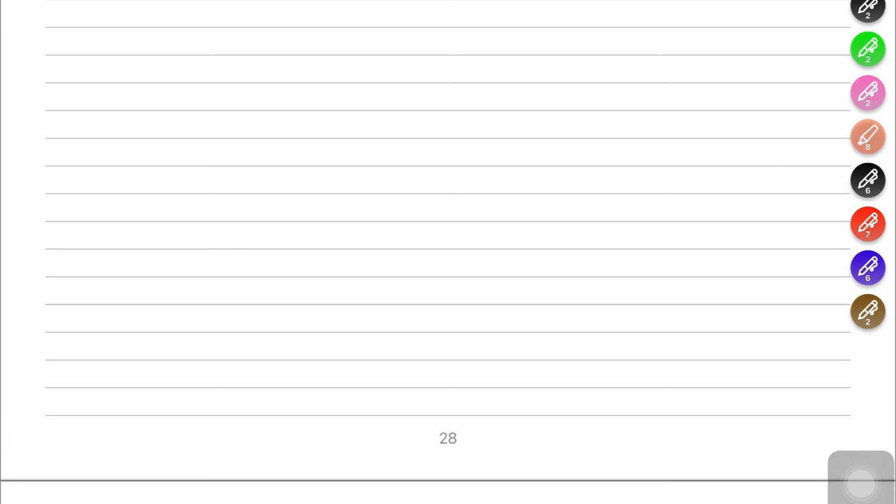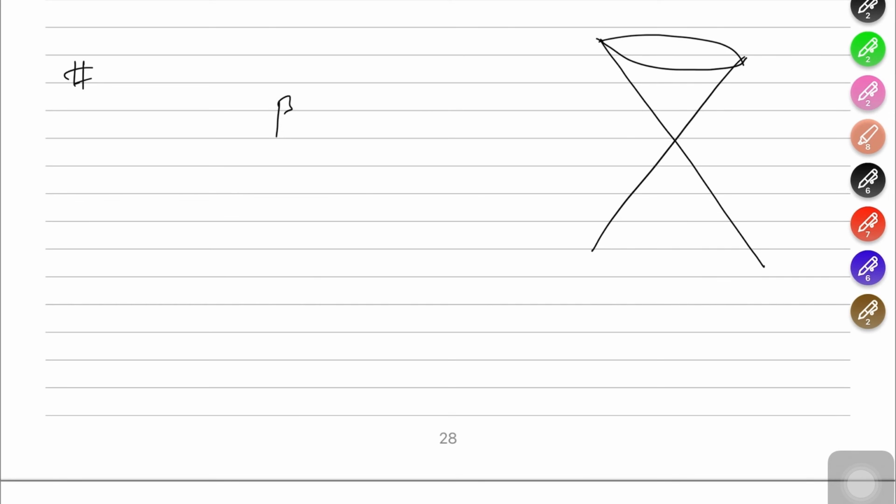Okay, so what is the interesting fact? What is beta? We already observed that. Beta is the angle that this plane and the axis of a cone make.